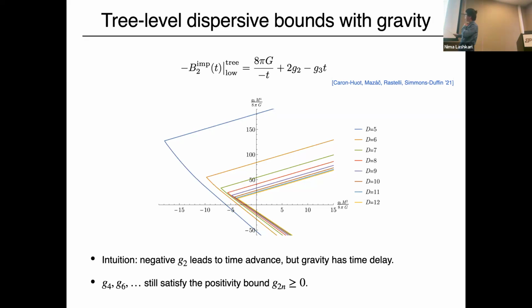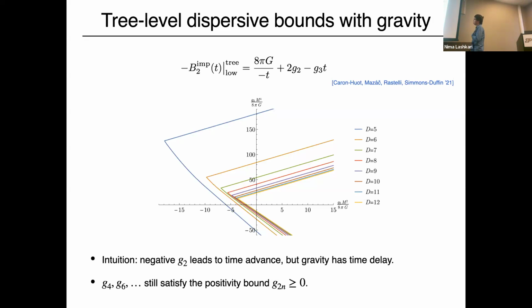The horizontal axis is G2 divided by G Newton, and the vertical axis is G3 divided by G Newton. One thing you will notice is that now G2 is allowed to be negative, whereas previously without gravity, G2 has to be positive.